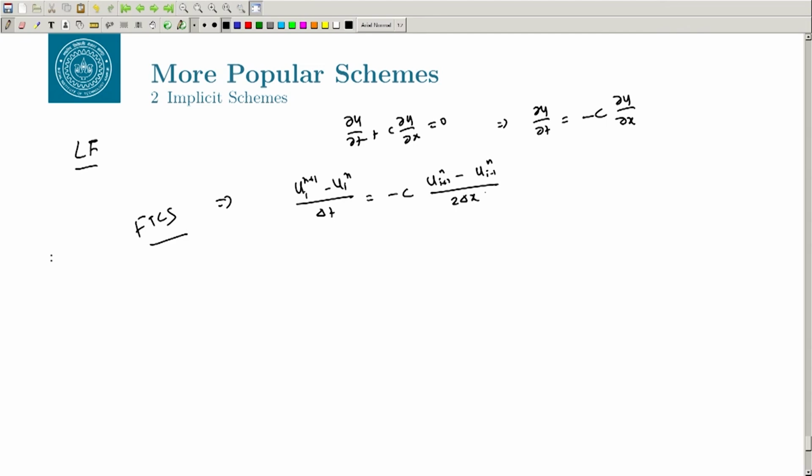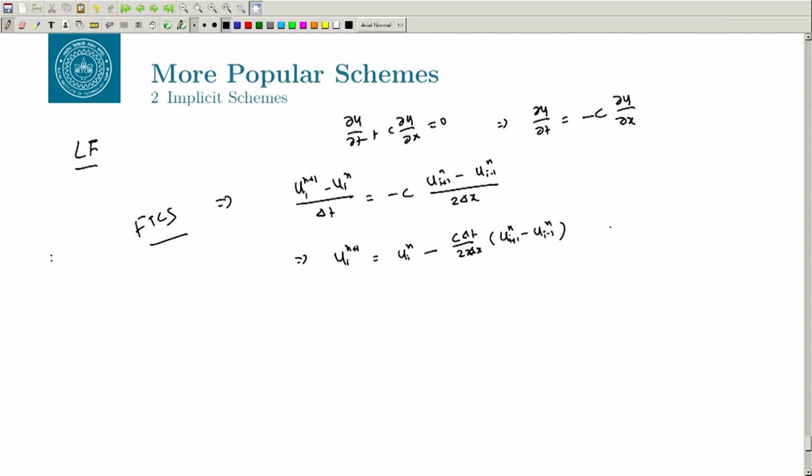This is your FTCS scheme, or you can write it as u i n plus 1 equal to u i n minus C delta t by 2 delta x, times u i plus 1 n minus u i minus 1 n.